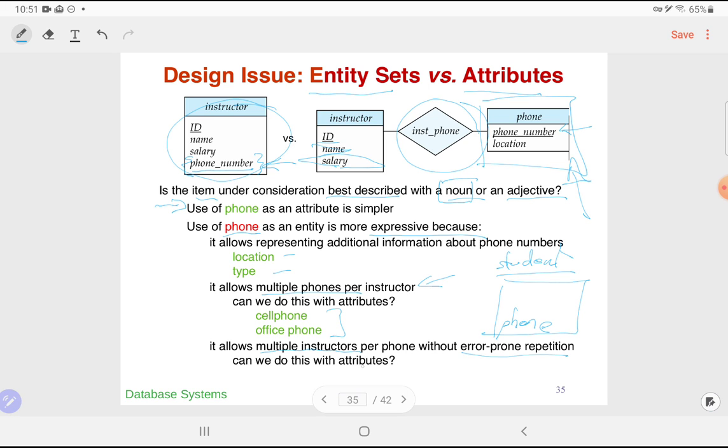Can we do that with attributes? I'll leave you to sit and think about that problem, and if you want to ask me during a tutorial session, during an interactive session, go right ahead and we can discuss it then. But for now, suffice it to say that a very easy way to handle multiple people per phone is to have a separate phone entity.